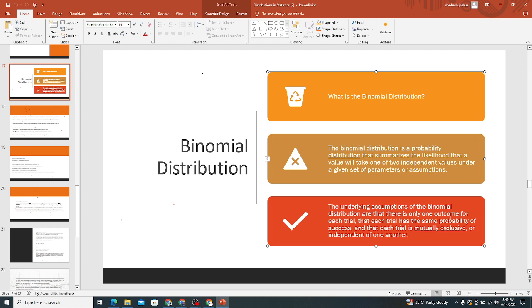We are saying that there is only one outcome for each trial, and that each trial has the same probability of success. Definitely, when we toss a coin, we can get a head or a tail.